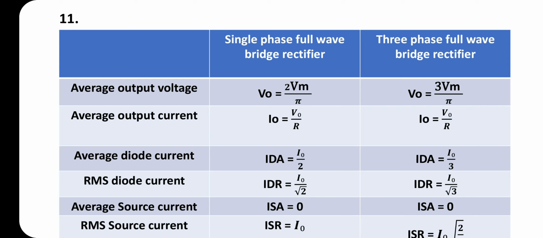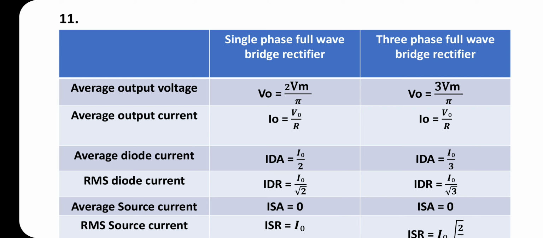Average diode current IDA equal to I0 by 2 for single phase and I0 by 3 for three phase full wave bridge rectifier. RMS diode current IDR equal to I0 by root 2 for single phase and I0 by root 3 for three phase full wave bridge rectifier.